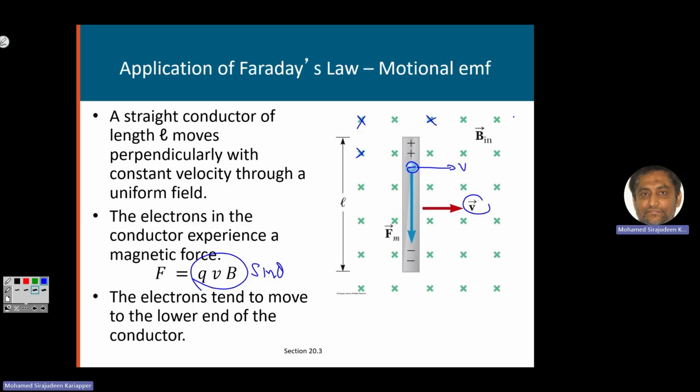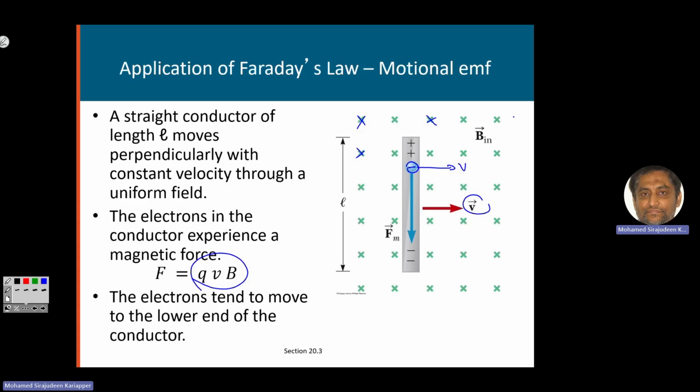Now I am switching to sine, okay? It's a vector product, not like the flux. Flux is a scalar product. Here the velocity is this way, the magnetic field is into the board, so the angle between them is 90 degrees. Sine 90 is 1. So that's why we don't see the sine, because they are perpendicular to each other. So this is the magnetic force.